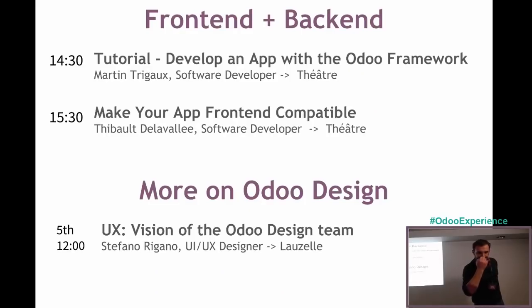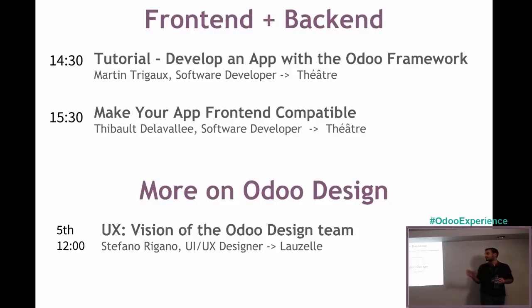As I said before, there will be two other interesting talks. Today, there is "Develop an app with the Odoo framework", which will use some of the front-end functionality that I showed you before. Another one is "Make your app front-end compatible", which will go deep into the front-end and back-end part.